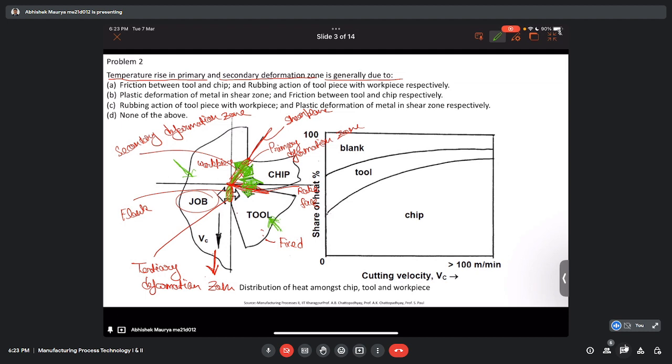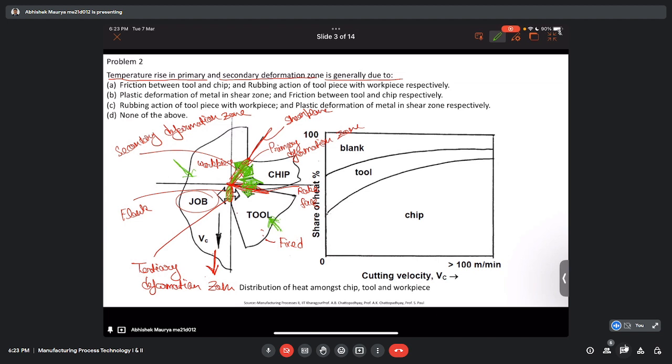The fundamental cause for heat generation is the energy which we are supplying. That is going to break the bonds, and whatever extra energy remains after breaking the bonds is converted into heat.